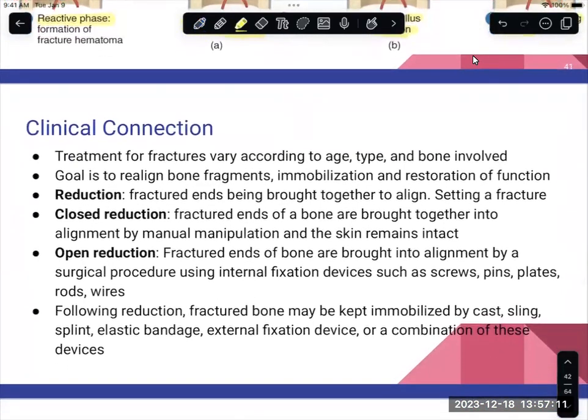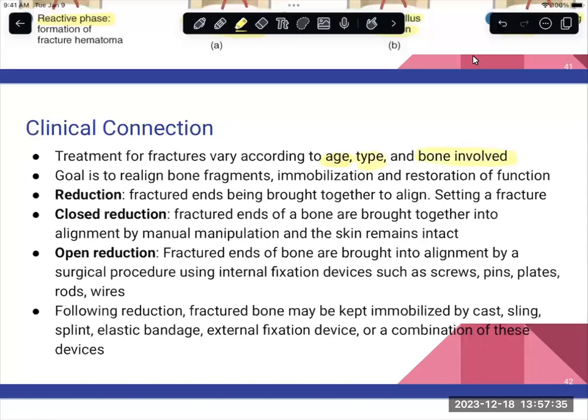So for those of you who've broken a bone, how they treat that bone is going to depend on your age. The younger you are, the better your body is at fixing it. Also the type of fracture. How many pieces did you break that bone into? And what bone is involved?